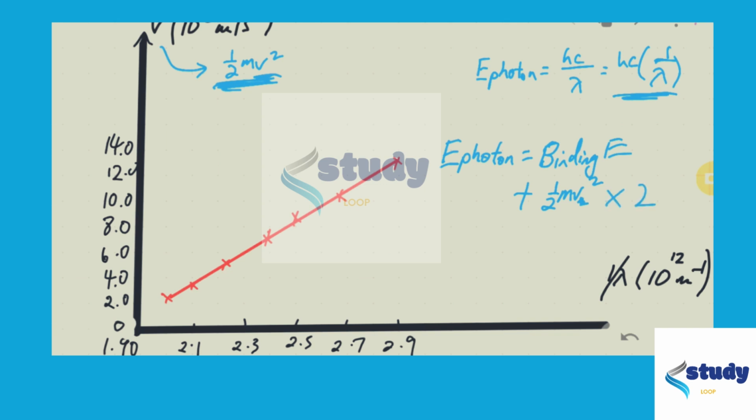Now we're given that because they are the same speed, it's basically the same value multiplied by 2. So what we get is just mv squared, where m is the mass of the neutron or the proton, which is about the same.